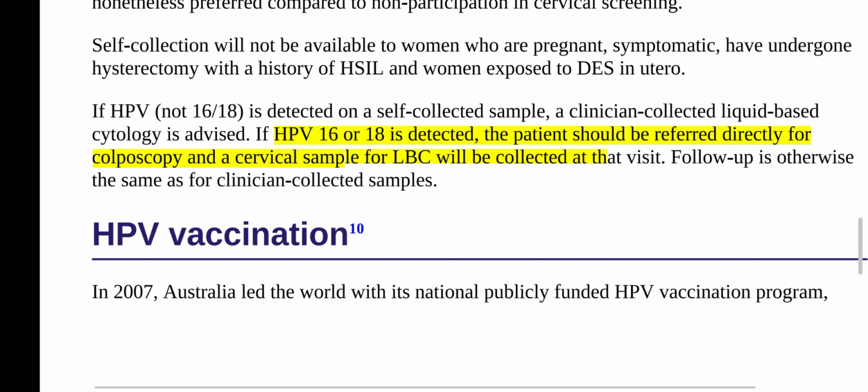If the single best answer question says HPV 16 or 18 is detected, these patients should be referred directly for colposcopy. They will do the cytology simultaneously in the same sample, but all patients who have HPV 16 or 18 should be referred directly for colposcopy.